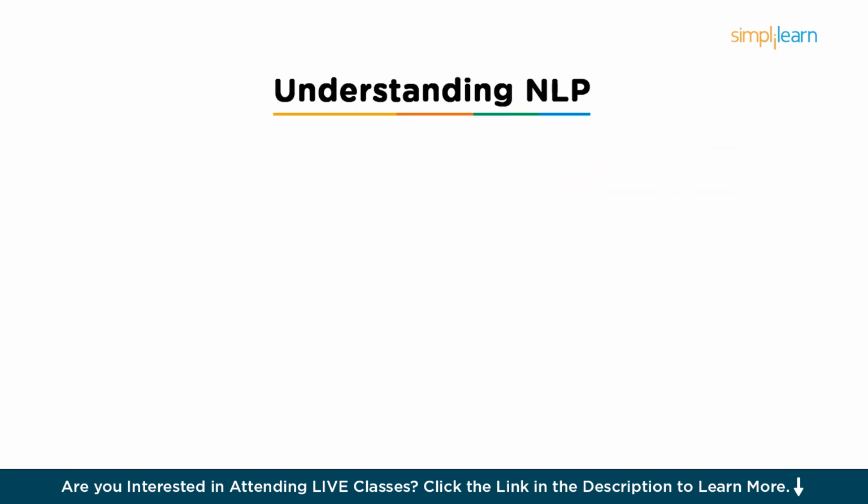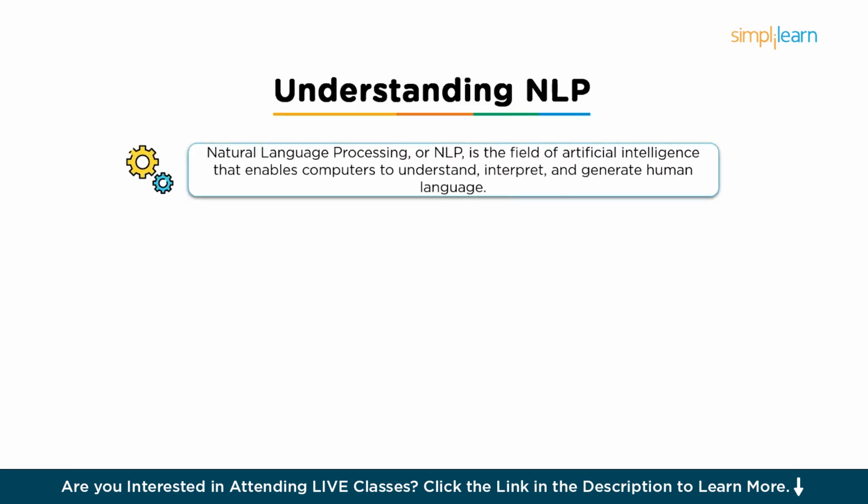Before we delve further into specific technology, it's crucial to have a clear understanding of the core component that underpins all intelligent chatbots, which is natural language processing, or NLP. Simply put, NLP is a field of artificial intelligence that enables computers to understand, interpret, and generate human language.